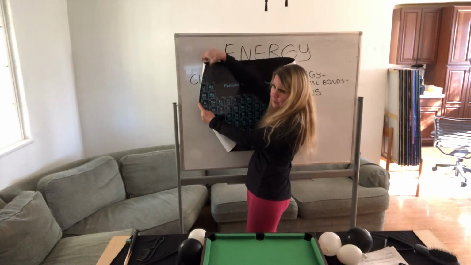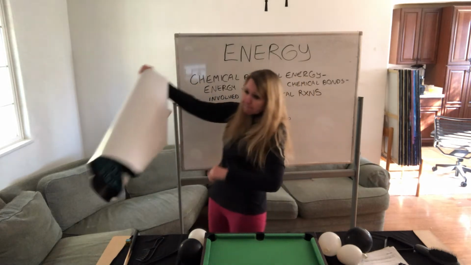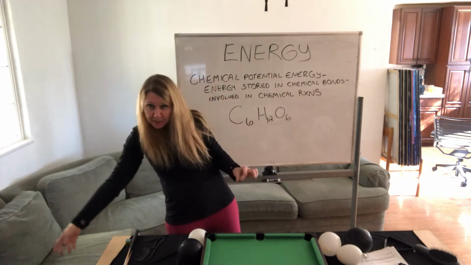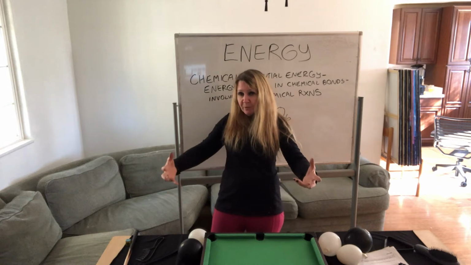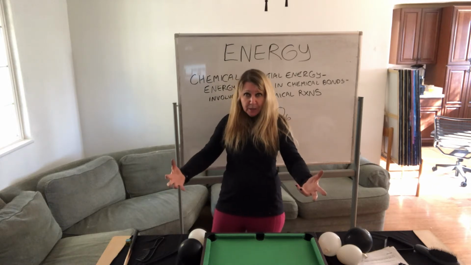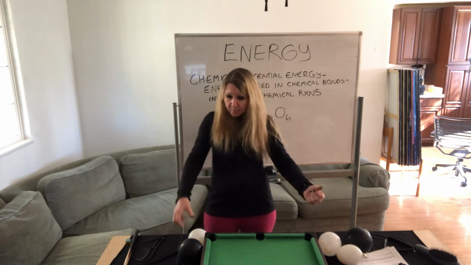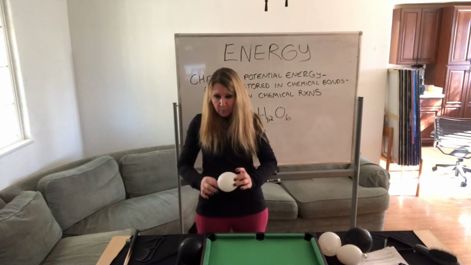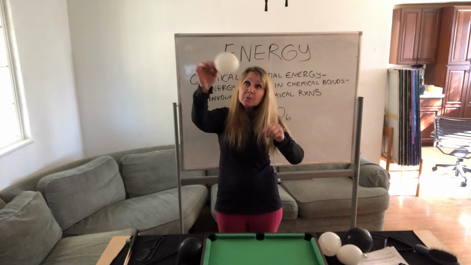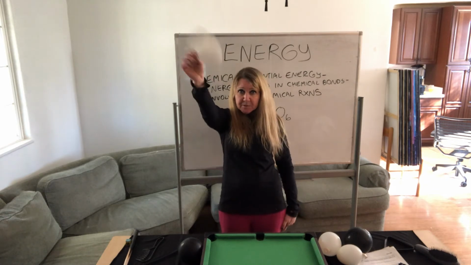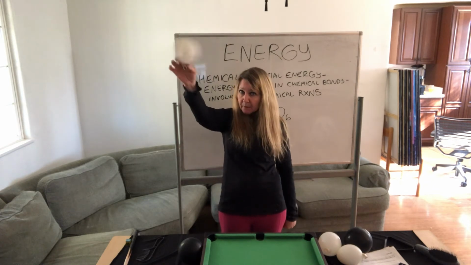So mass number is 1 also. So if the mass number and the atomic number are both 1, on average, it really doesn't even have a neutron. So a hydrogen atom in the nucleus would just be a proton. This is a normal hydrogen atom.